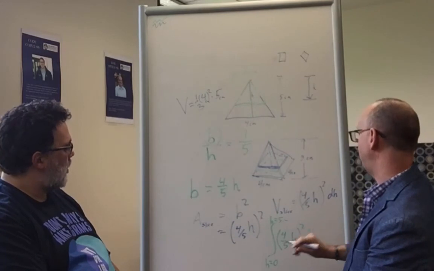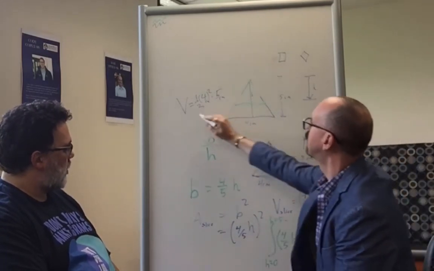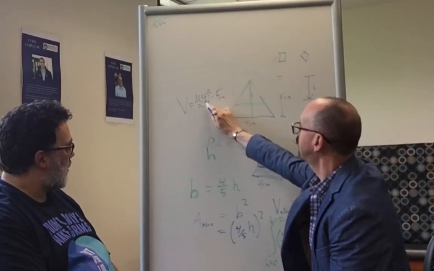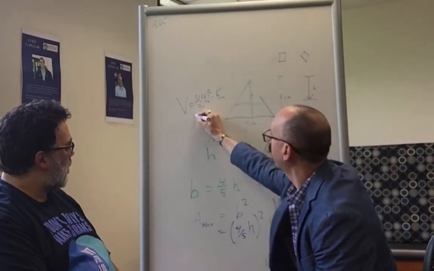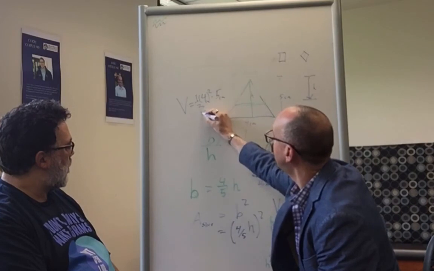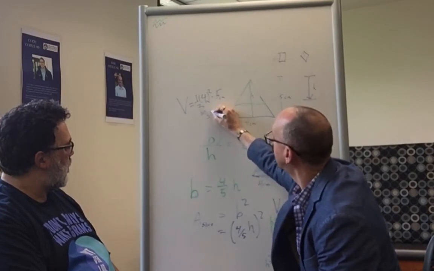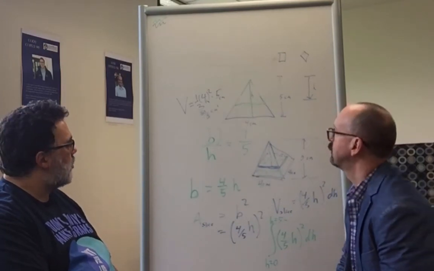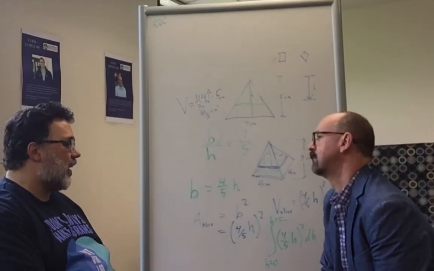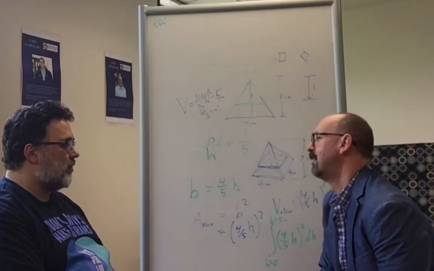Right, so everything here is in centimeters. So then this is going to be 16 times 5, which is 80. So 80 over 3 cubic centimeters.